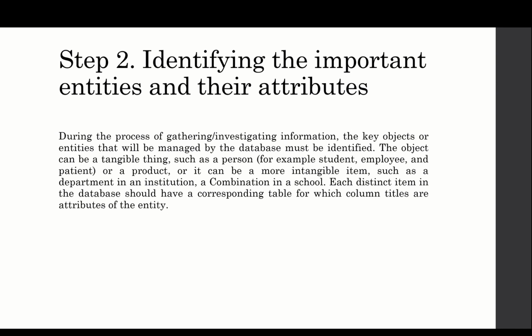Each distinct item in the database should have a corresponding table for which column titles are attributes of the entities. For example, if it is an entity student, what are the characteristics of the student? The student can be characterized by a number, the first name, the last name, and so on. So you identify all that information.